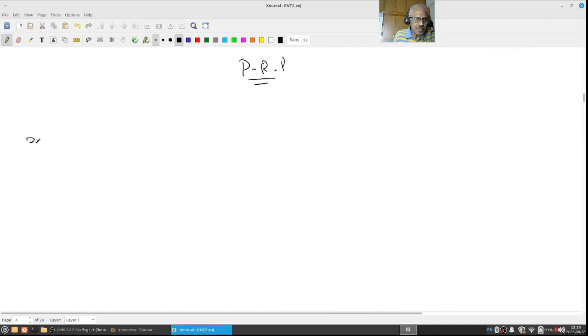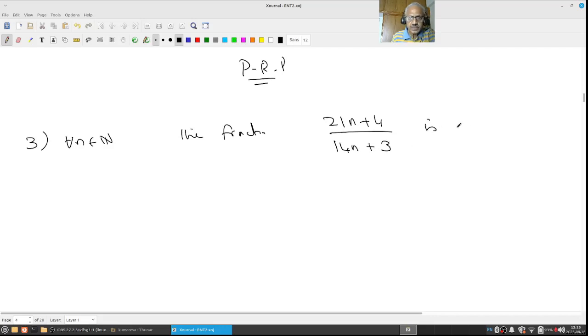And the third problem is, for every natural number n, you want to say the fraction 21n plus 4 by 14n plus 3 is in reduced form. Do you know when you say a fraction p by q is in reduced form? There exists no common factor, that is, there is no common divisor.